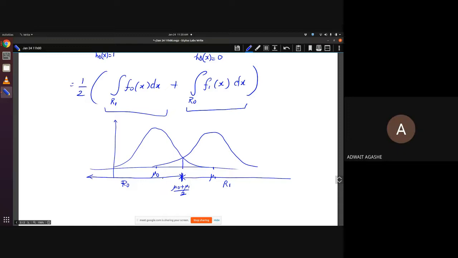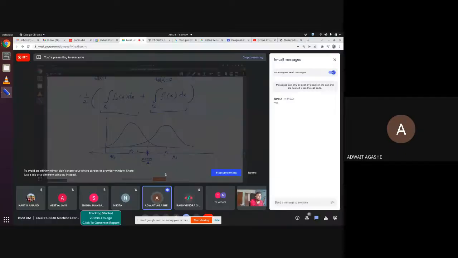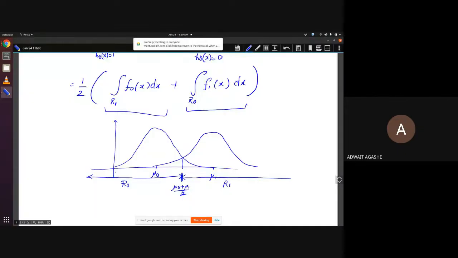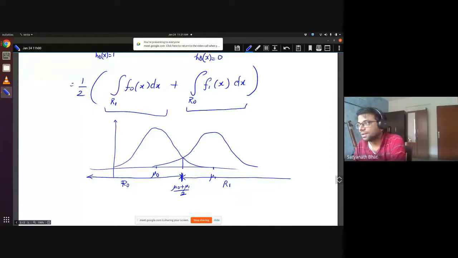From mu0 plus mu1 by 2 up to mu1... No, it is not mu1. The normal distribution always has something; it's not touching zero here. It goes on forever, just that we can't see it.